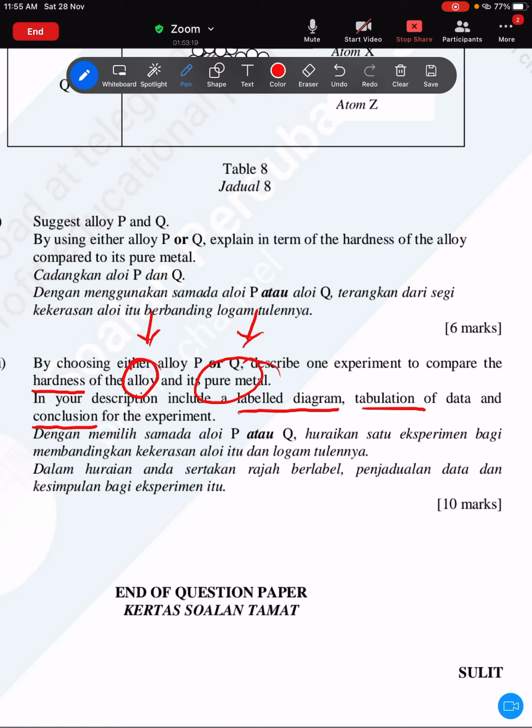What is the first thing that appears in your mind? Which experiment are you going to do? Tell me. Any idea, boys and girls? Girls, any idea about the experiment?